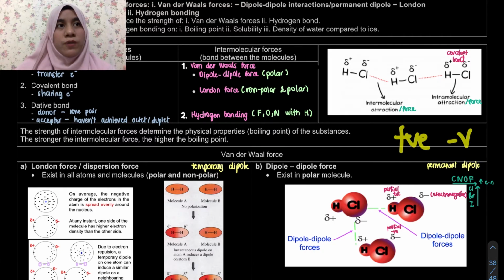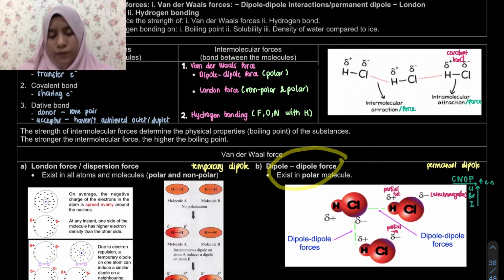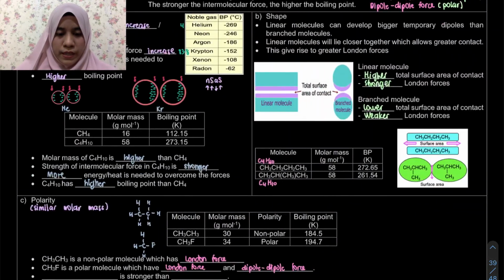When we have our positive dengan negative ni, barulah attraction kita ada, barulah ada force tu kan. So that's why actually for the case of dipole and London force, sebenarnya dipole force is stronger than our London force. So, kita tulislah dekat sini.